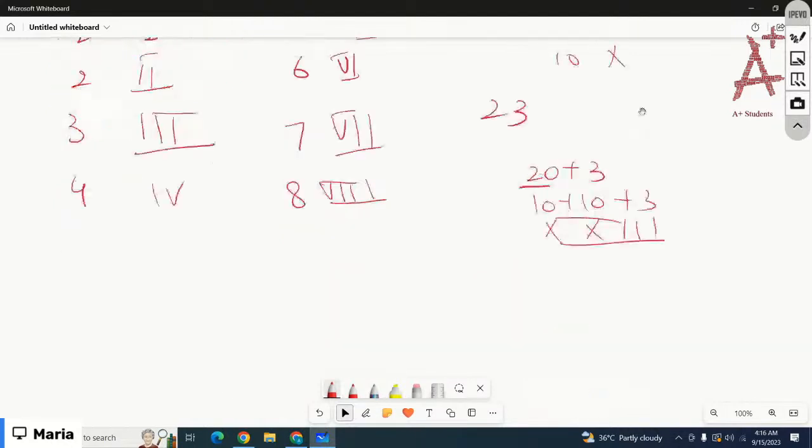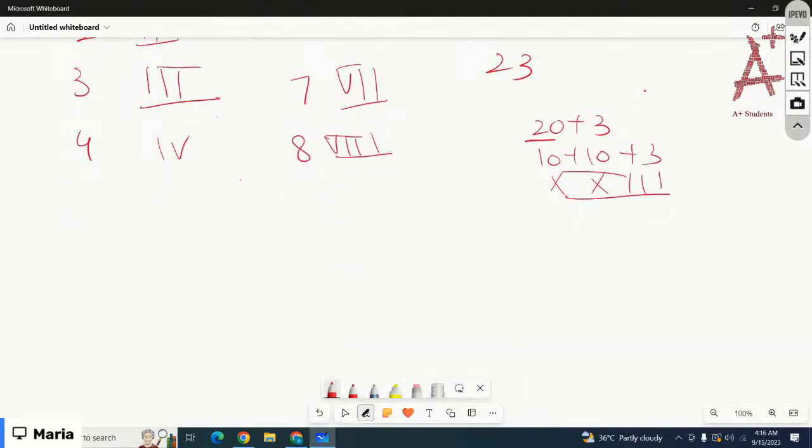Let's do another example. You have to make 34. How do you write 34 as a Roman numeral? 30 plus 4 makes 34.